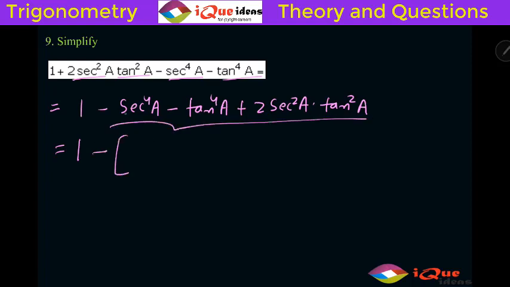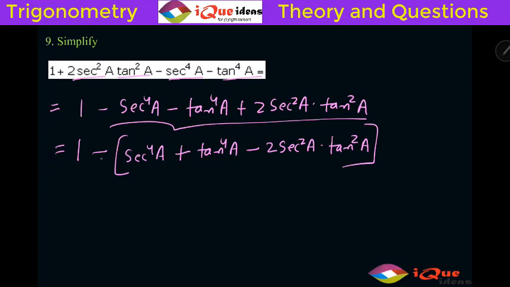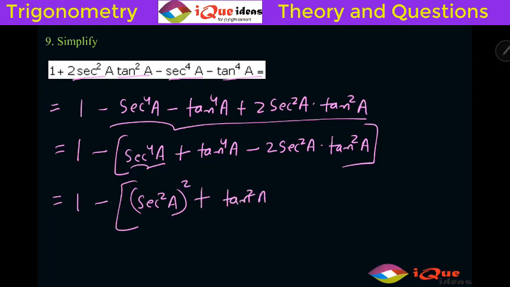So what will happen? Minus common. In the bracket we will have sec to the power 4a positive plus tan to the power 4a also positive, but this plus 2 sec square a into tan square a will become minus. So this can be written as minus 2 sec square a into tan square a. Why? Because it was already a plus sign, we have taken the minus sign common, so it becomes negative. Now look at this closely. It is 1 minus: sec to the power 4a is actually sec square a whole square, tan to the power 4a is actually tan square a whole square, minus 2 into sec square a into tan square a.